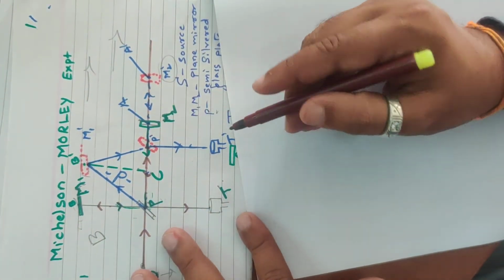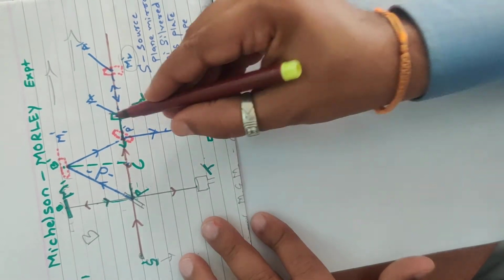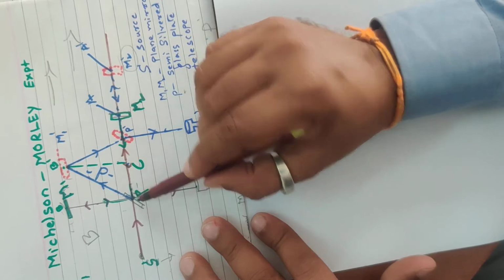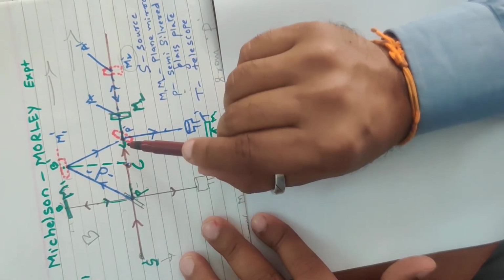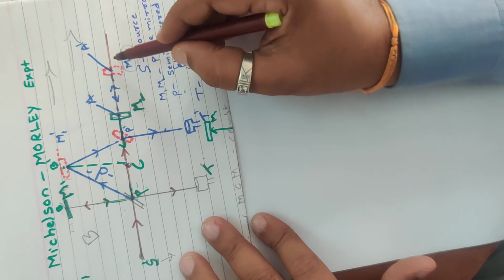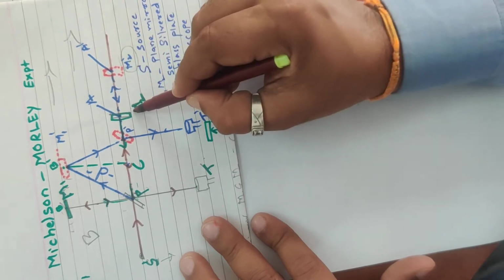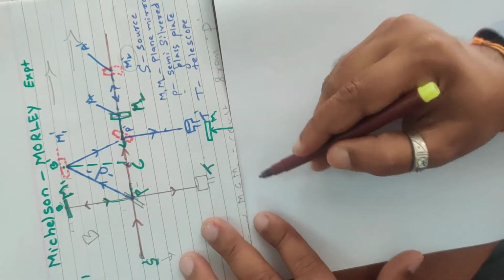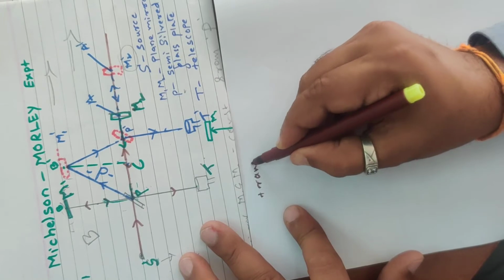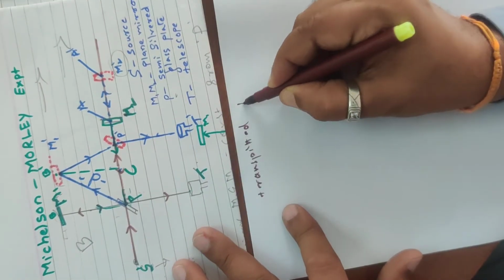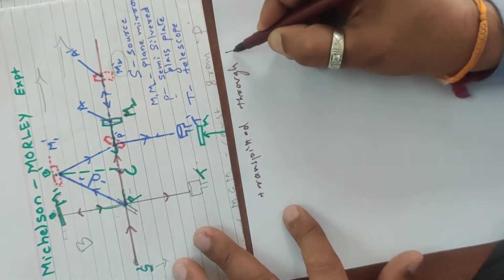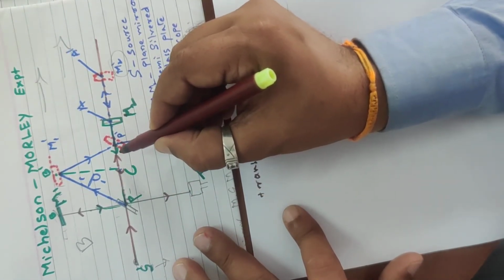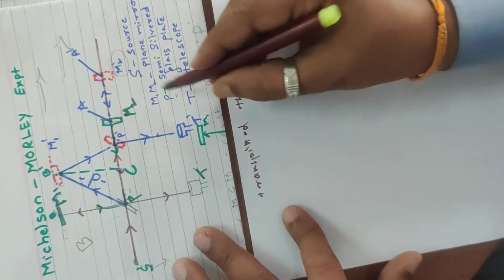Now, a part of the light goes vertically. Some of the light, after the semi-silver glass plate, is transmitted and hits the mirror M2. That is a ray of light transmitted through P, that we have to focus on.